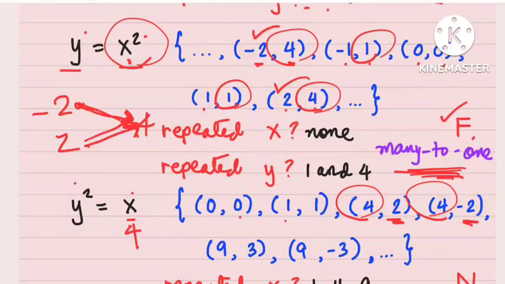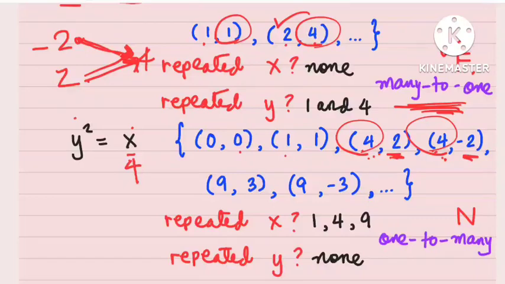Why? Because if you raise either 2 or -2 to the power of 2, you will get +4. So you generate 2 ordered pairs. Also, if you input 9, you will have 3 and -3.